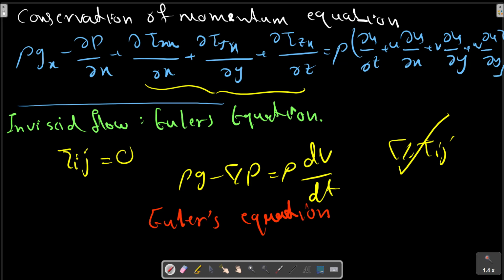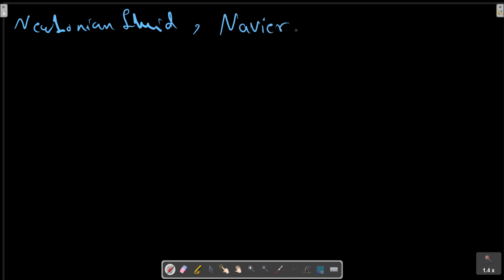The second type of equation simplification is the Newtonian fluid, the Navier-Stokes equation.